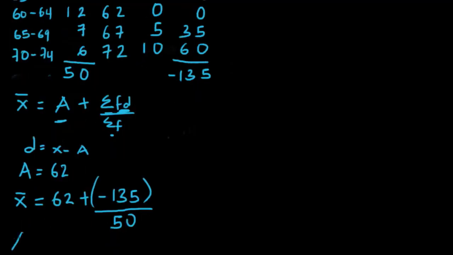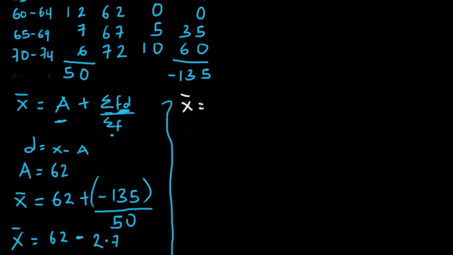So x bar equals 62, plus times minus is minus, 135 divided by 50 is 2.7. So x bar equals 62 minus 2.7, which is 59.3. So our mean is 59.3.